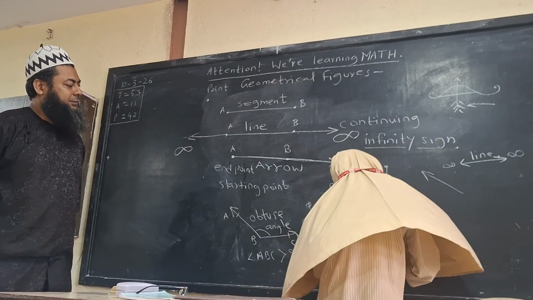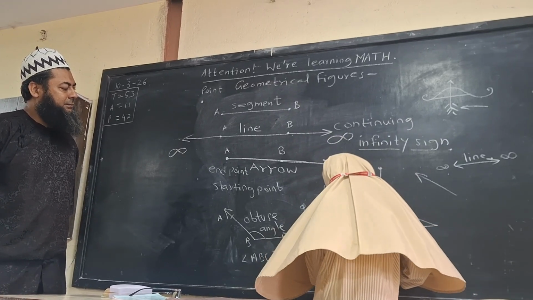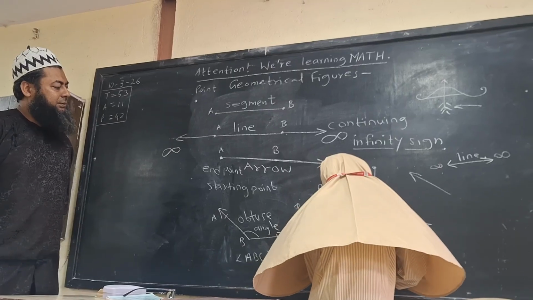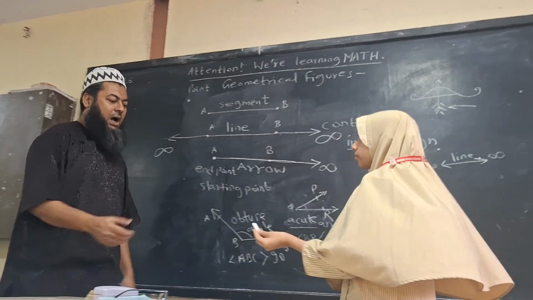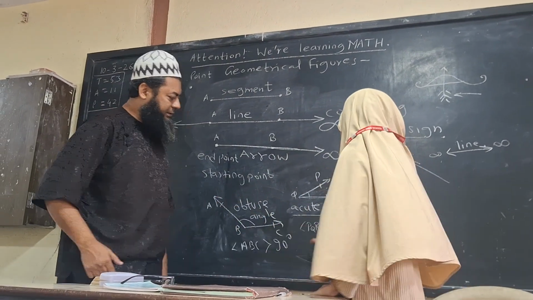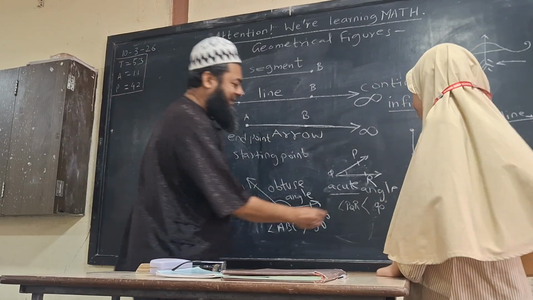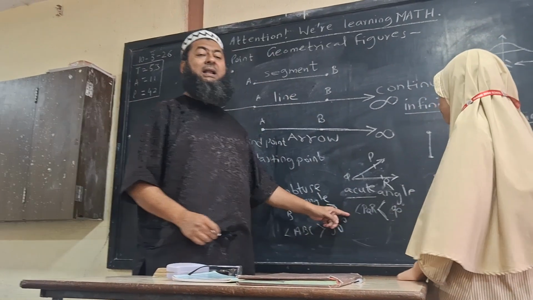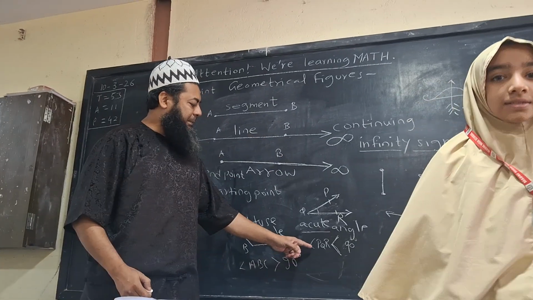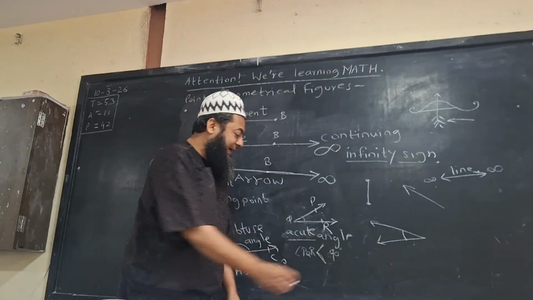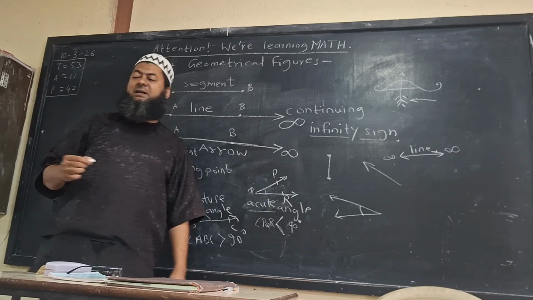Yes, you are going the right way. Exactly. How will you read this? Angle PQR less than 90. Yes, this sign is less than. Okay, now just move aside. Angle PQR is less than 90 degrees. Therefore, it is an acute angle.